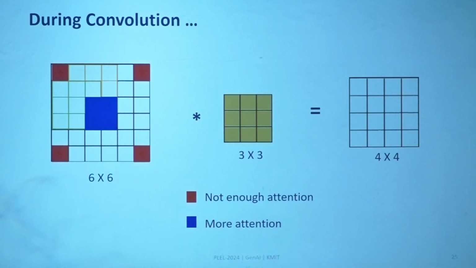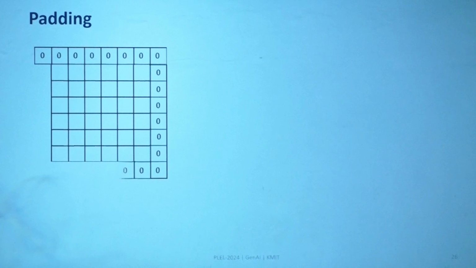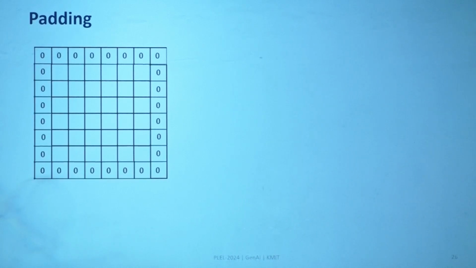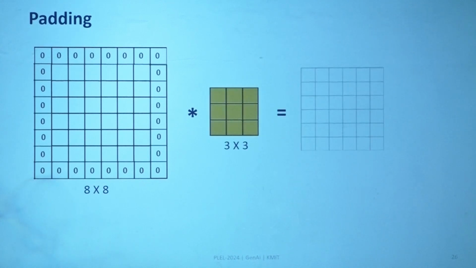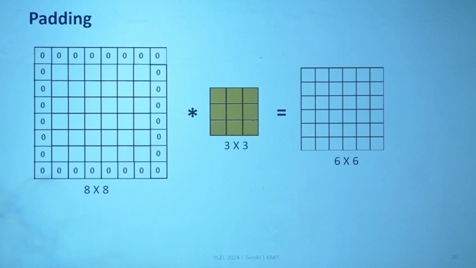What am I supposed to do? If I add an additional boundary to this, this is what padding is. Now it will be easy for me when I am convolving across. So for the 6 by 6 image, if we add one padding, the modified image size is 8 by 8.